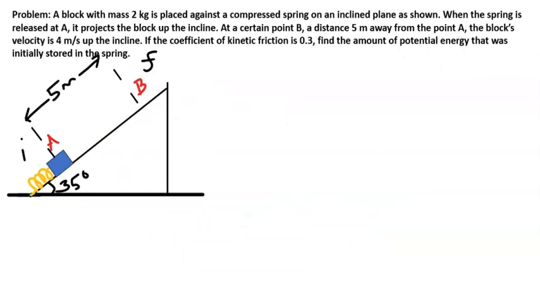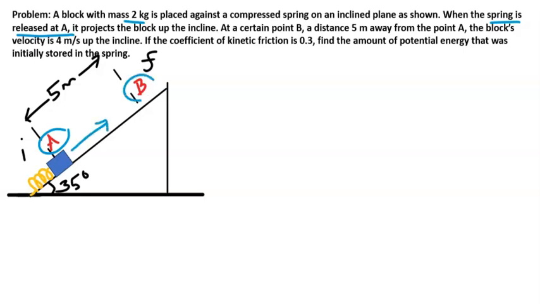Problem 3. A block with mass 2 kg, so that's this block, is placed against a compressed spring in yellow on an inclined plane as shown. When the spring is released at A, so that's point A, it projects the block up the incline.